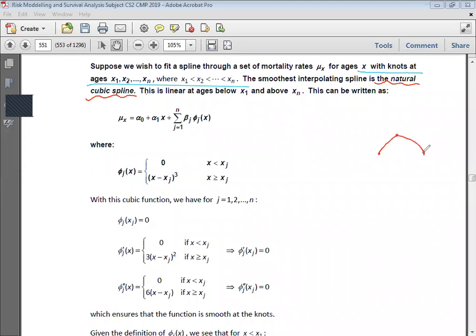I also need my function to be linear before my starting and after my end term. So it should be linear at ages below x1 and above xn. So this will be my x1 and this will be my xn. So it should be linear before this and after this. So if that is the case, then it is a natural cubic spline.